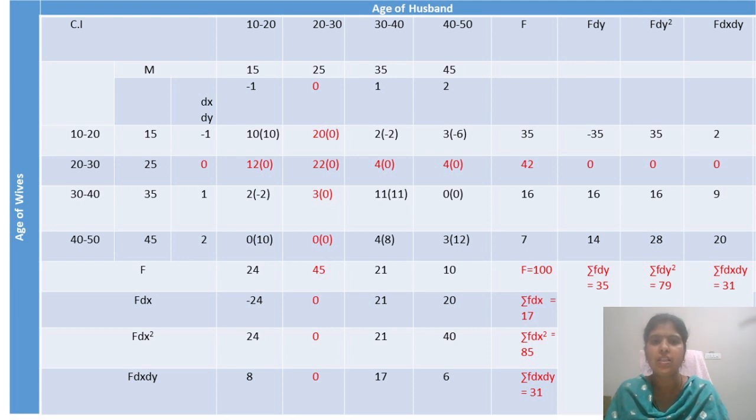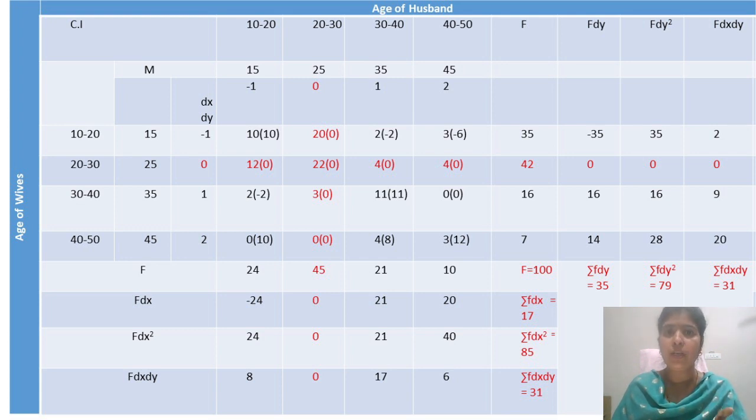Sigma fdxdy is nothing but, column you are supposed to see, bracket. How did you get it? Deviation of x, deviation of y: minus 1 into minus 1, 1 into 10, 10, 0 into, everything I have marked in red, 0 only. Column wise, row wise it is 0. Don't make any changes. Now next is third column: 2 into minus 1, minus 2, 2 into minus 1, minus 2, into 3 is minus 6.